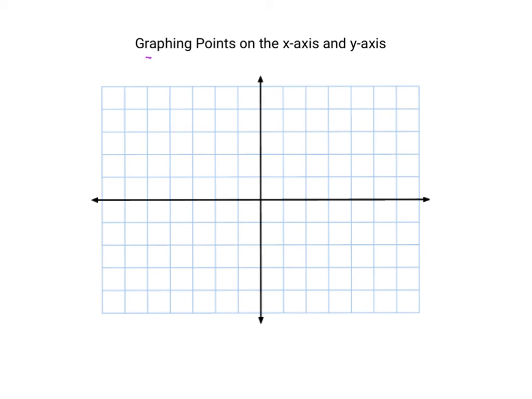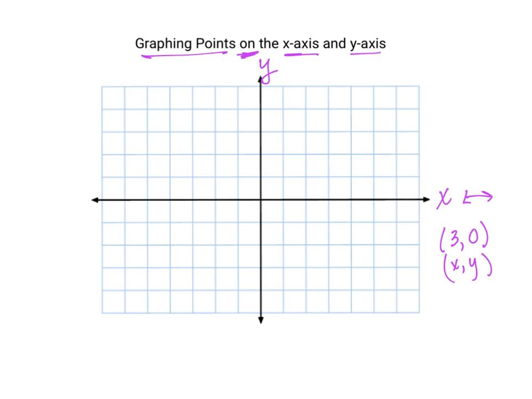So now we're graphing points that are on the x-axis and y-axis. Well, what does that mean? Well, we're still going to label our x and our y-axis. And then when we're given a point, let's say I'm given the point 3, 0. I'm still going to think x. It goes x comma y. 3, 0. Well, x says go left or right first.